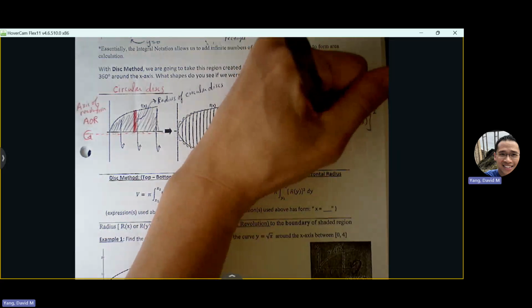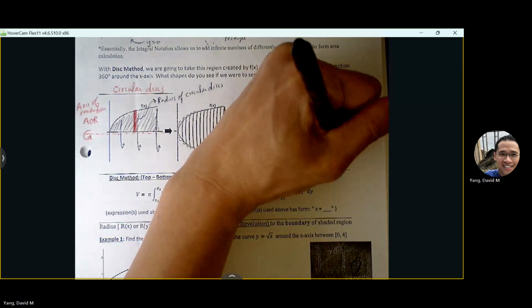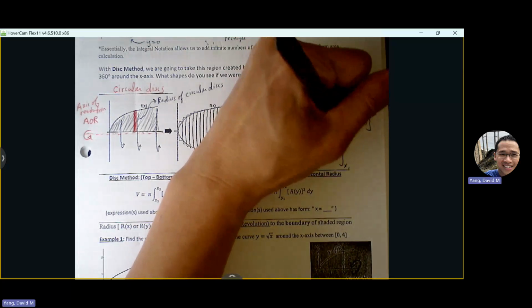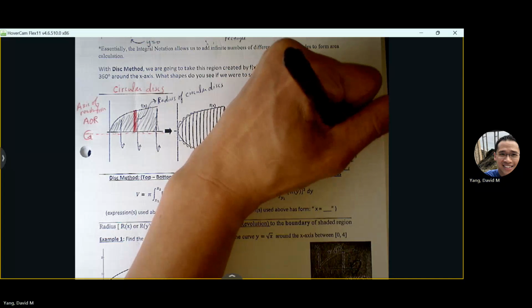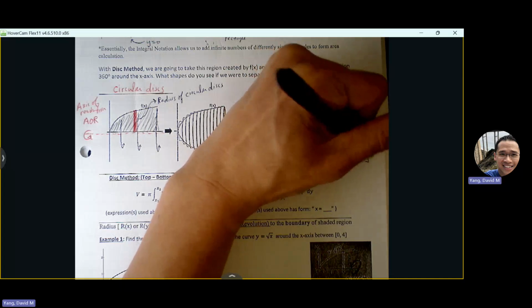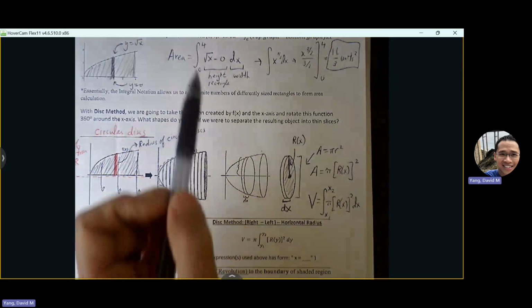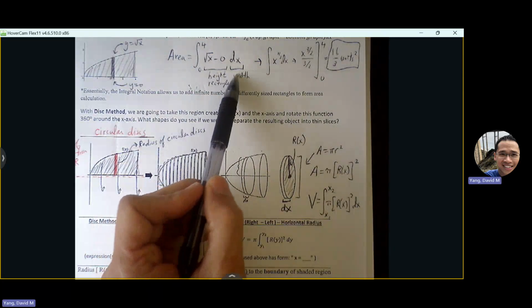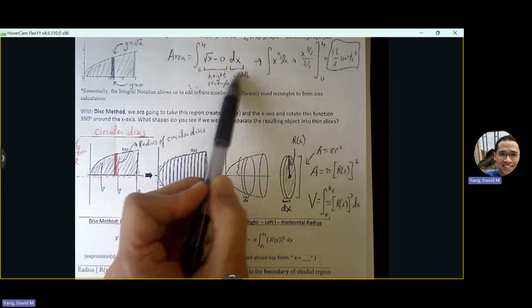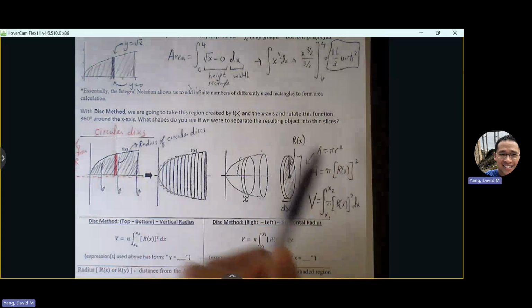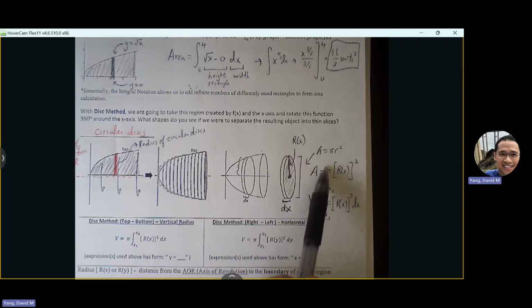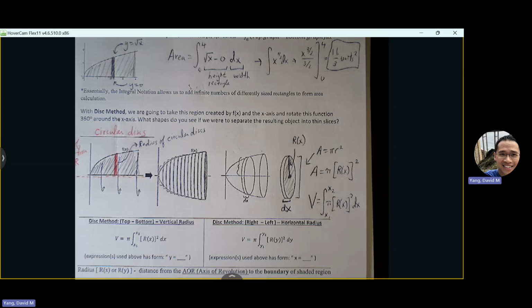And so my volume formula is the integral from x sub 1 to x sub 2 of pi big R squared dx. Notice how before, our area formula is just height and width: one-dimensional times one-dimensional gives two dimensions. But this one has three dimensions because area is already two-dimensional and we're adding that width component. So two-dimensional times one-dimensional gives three-dimensional, and then we're accumulating all these discs from one end to the other.